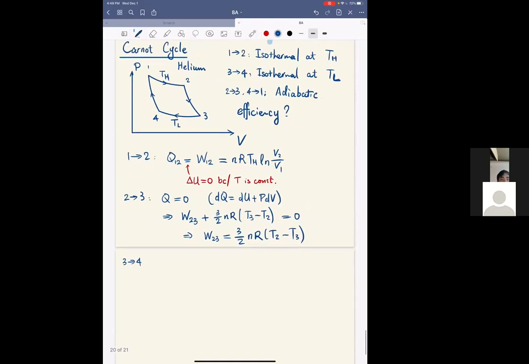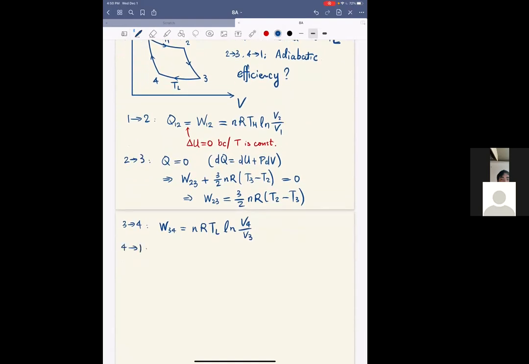For 3 to 4, the work done is just nRTL, using the formula we gave during the last meeting, ln of V4 over V3.